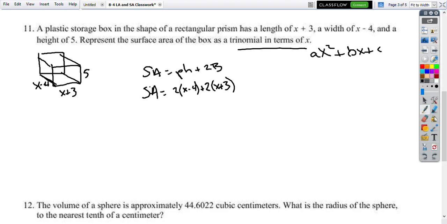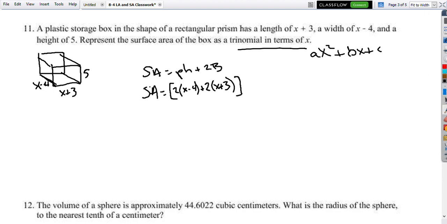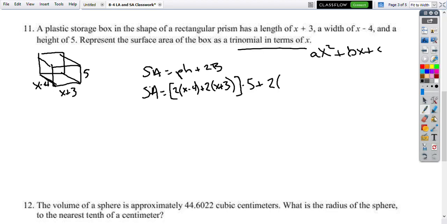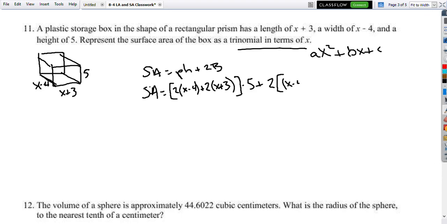I'm going to use a bracket just so we can catch that, okay? Times the height, which we know is 5, plus 2 times the area of the base. And this, we're going to bracket it again. All right, bracket again is x minus 4 times x plus 3.